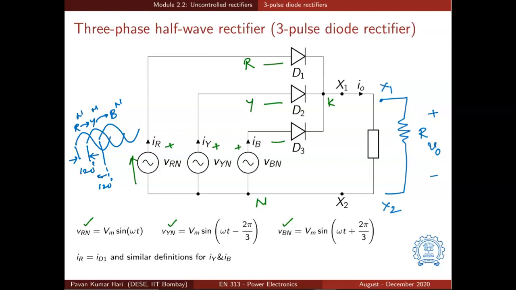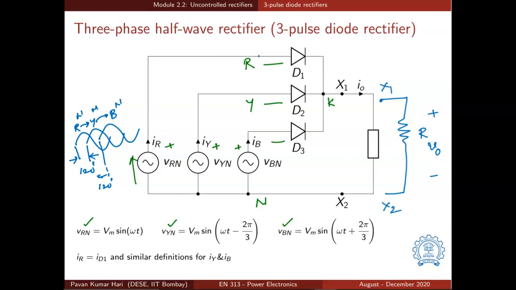And what will be the output voltage? It depends upon the diode states, which diode is on and which diode is off. We all know that if three diodes are connected in common cathode connection, only one of them can conduct, and which one will conduct? Whichever has the highest positive potential at its anode.